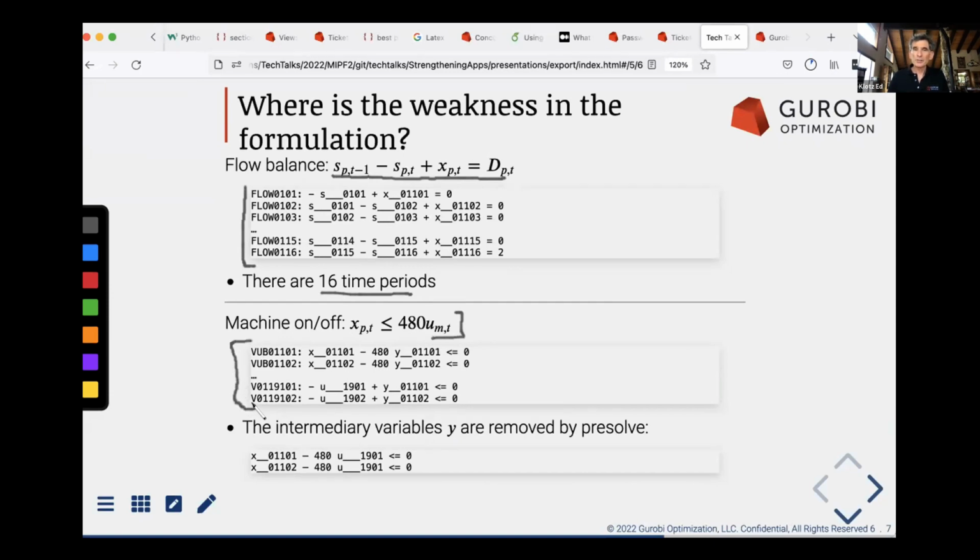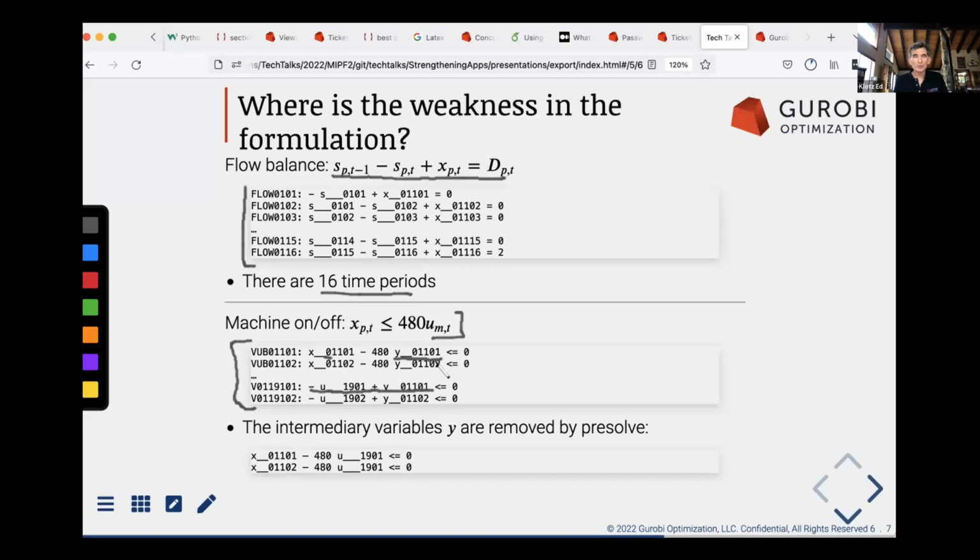And again, I am showing a snippet here. Now, for some reason, the modeler implemented it in a bit more complex way. He or she introduced a new continuous y variable with bounds 0 and 1, multiplied it by 480, and then connected it to the binary u variable for the machine and the current time period, where the machine is associated with the product, which has label 0,1 in this case.